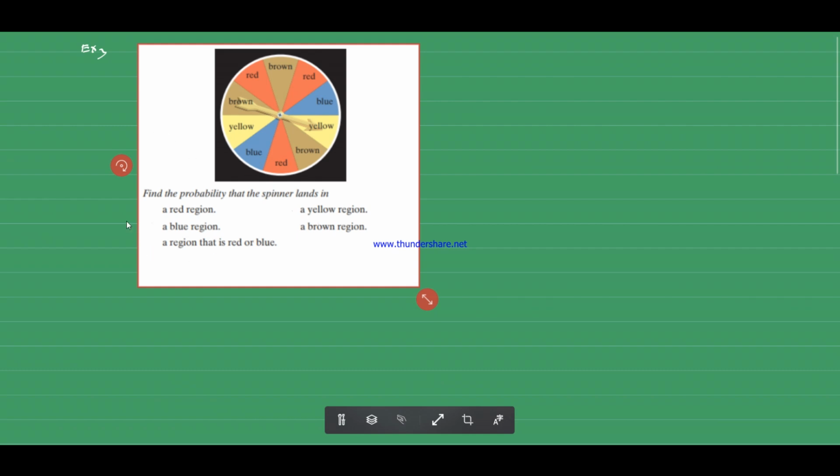So you see that this is a theoretical probability, because they didn't say how many times we turn the spinner. We don't know how many times we turn the spinner. They just describe the spinner. If they said the number of trials, the number of times you turn the spinner, then it's not a theoretical probability anymore.